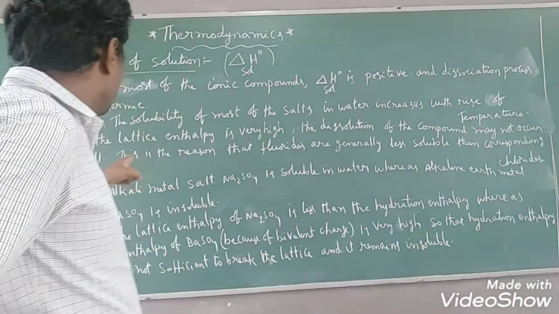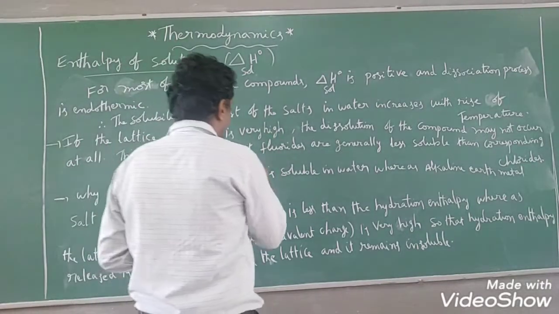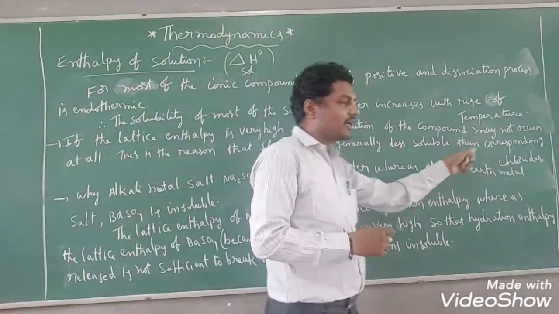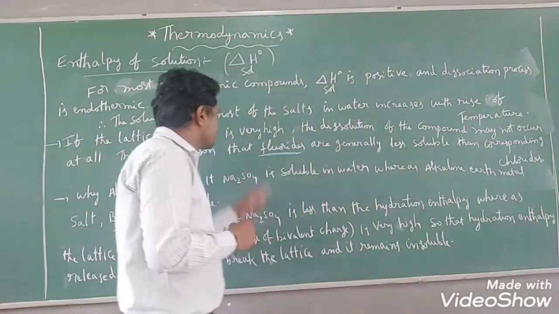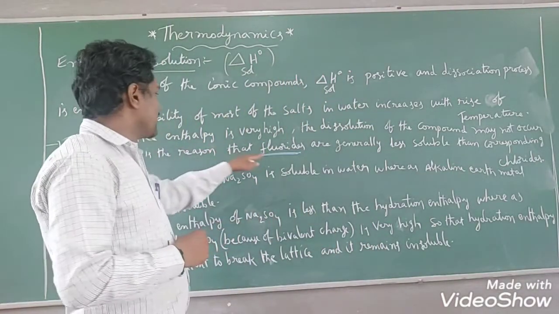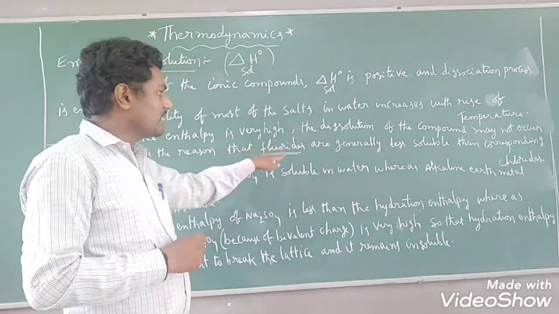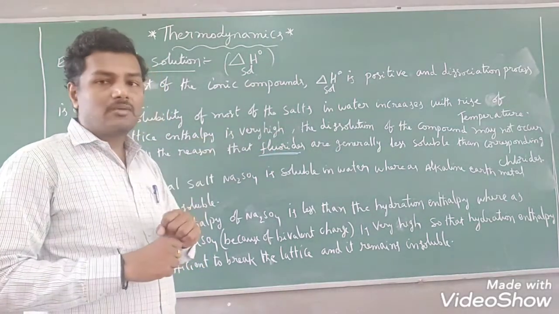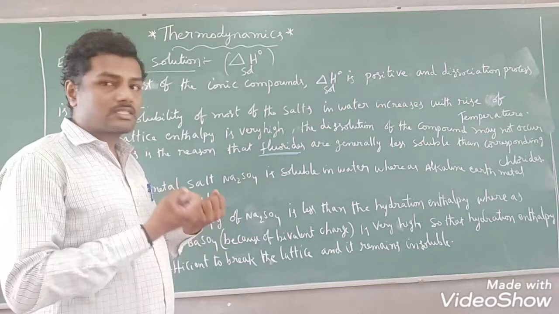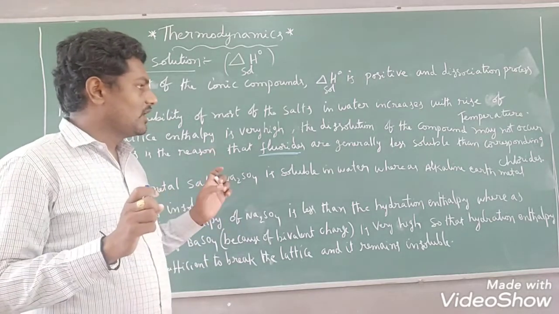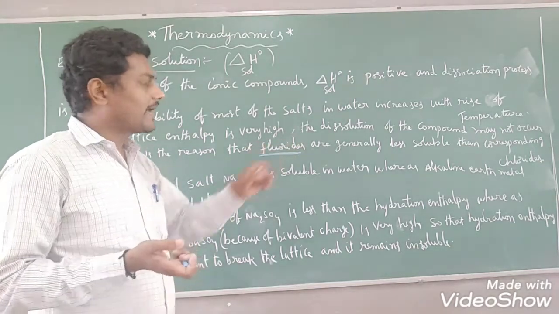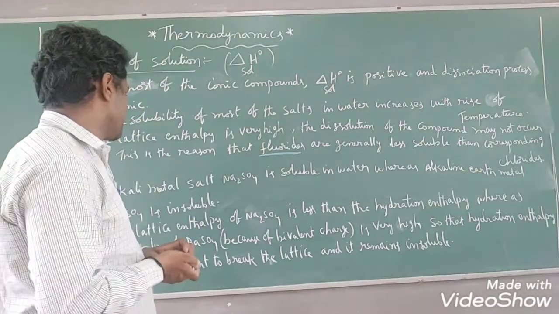So in the case of fluorides, you will get a very high lattice enthalpy compared with the chlorides. Because of that, fluorides' dissolution may not occur at all, or else they are very slightly soluble in the given amount of water compared with chlorides, students.